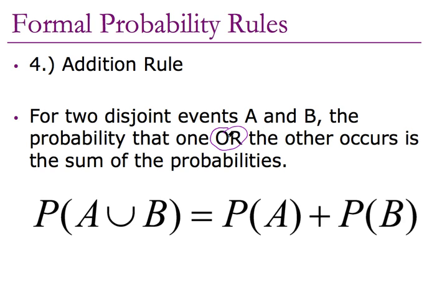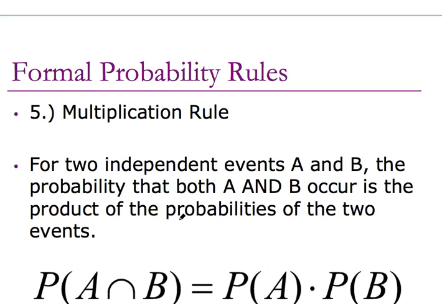So if they're disjoint and one is occurring or the other one is occurring, then we can just add their probabilities. And this means union. You've seen this before, probably in geometry or algebra 2, where one and the other is the union. We're taking one set and adding it to the other set. So, one or the other.